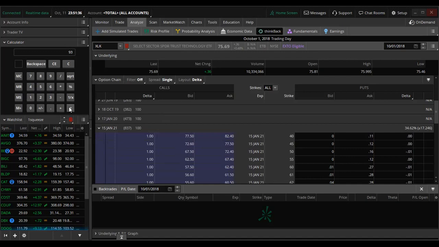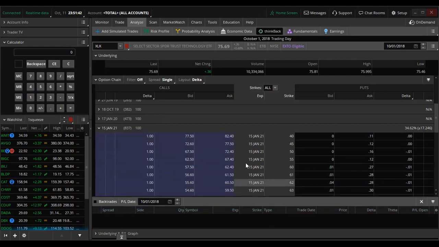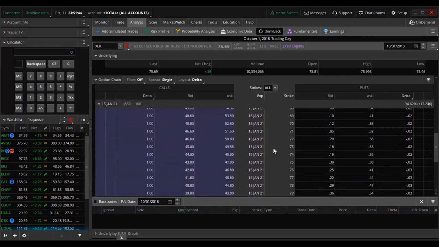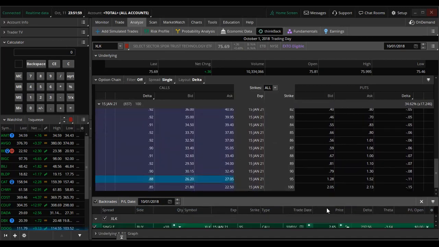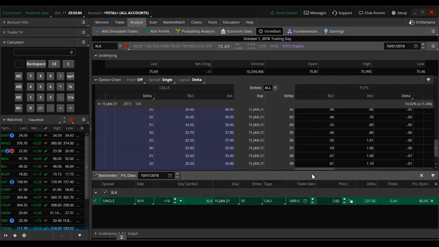That'll give us a price of 93. So I will round that up to 95. So again, we have an option contract that is $27.05. Now, all option contracts won't be this much.